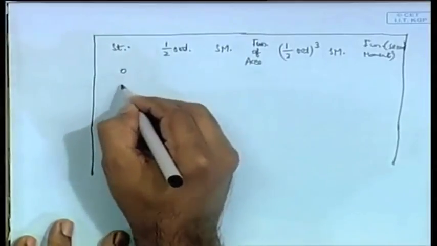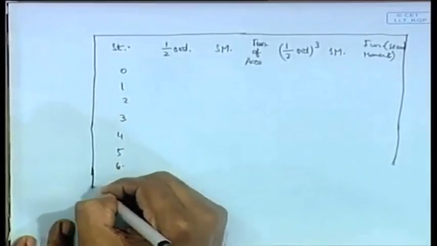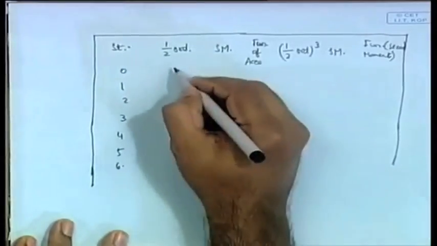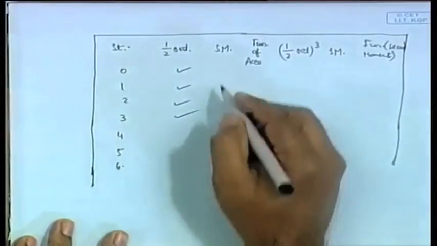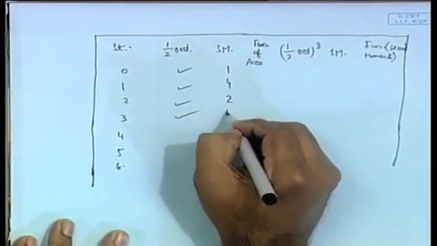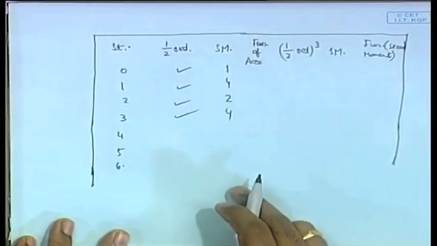So you have stations like this. Now, half ordinates are given for each station. You are given these values. Simpson's multiplier we know, 1 4 2 4 we are using. This is Simpson's first rule.